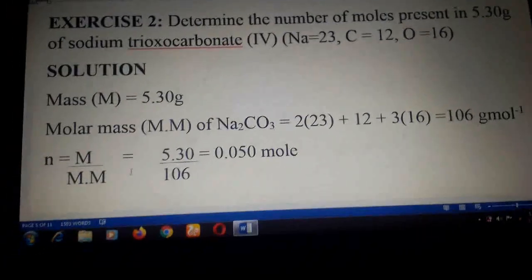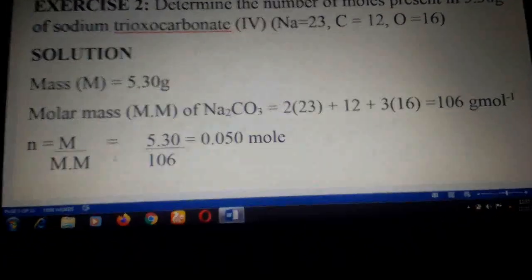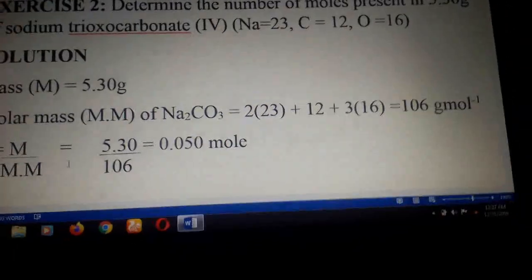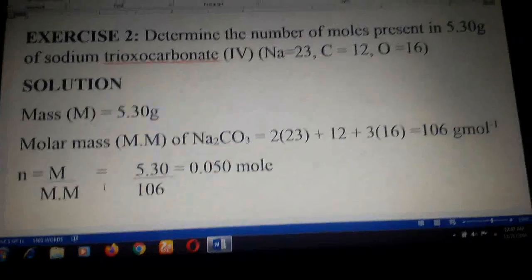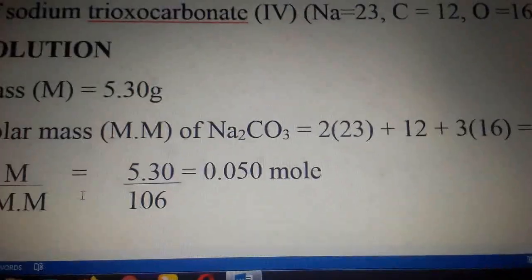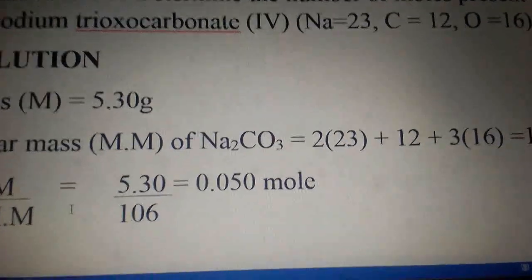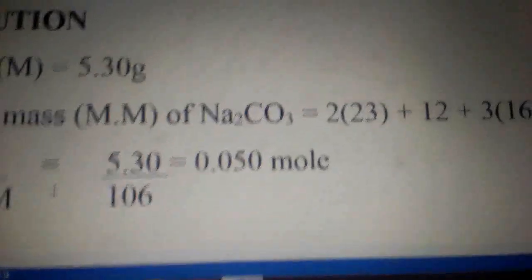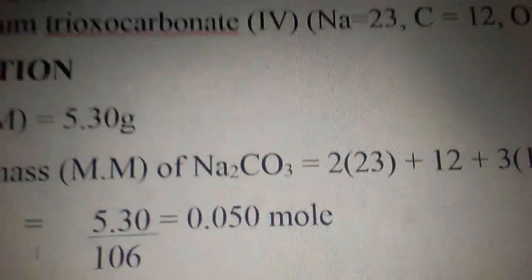We get the formula right, because if the formula is wrong, we're going to get the wrong molar mass and fail the calculation. So you have to make sure you have the right formula. If you have not watched the first video on chemical equations and chemical formulas, go back and learn how to derive the formula of a chemical compound directly.